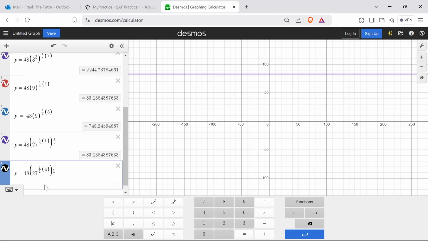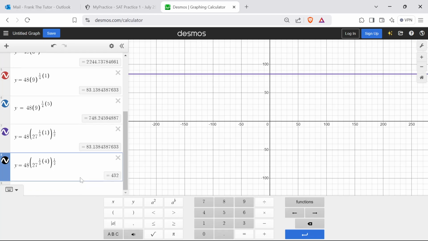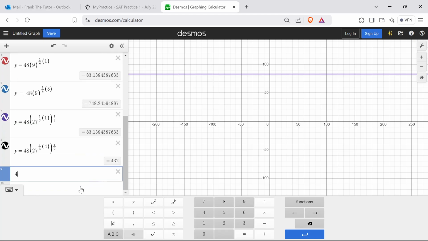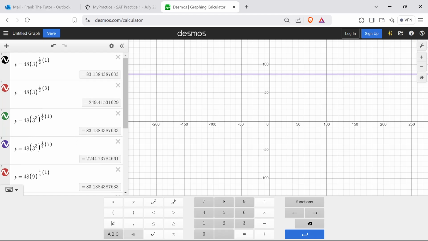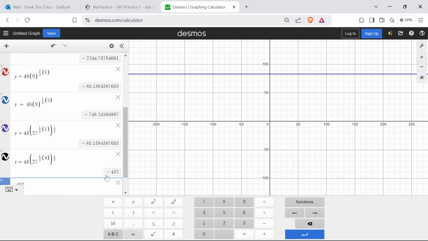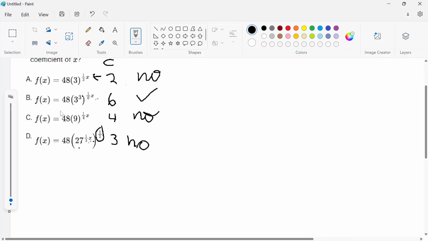And then the whole thing raised to the 1/2 power, and it comes out to 432. Well, 432 divided by 27, it has to go up by a factor of 27. That would only be around 16, not 83. 83 times 27 is somewhere around 2244, not 432. So D is out as well.